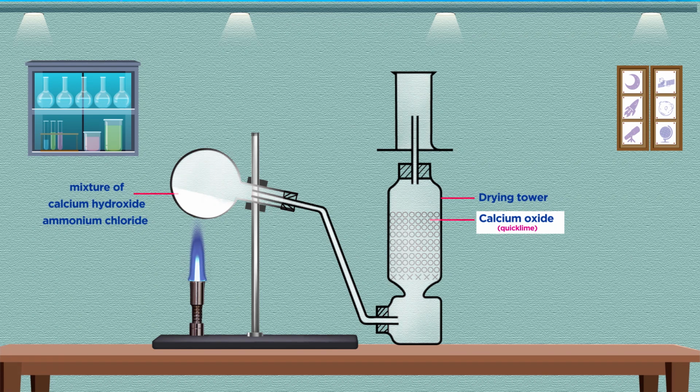What do you observe on the cooler parts of the flask and the delivery tube? What you see here is water vapor. Water vapor is formed in the reaction. Some of it condenses on the cooler parts of the flask and the delivery tube. If the flask is not kept in this sloping position, the water can run back into the hot part, making it crack.